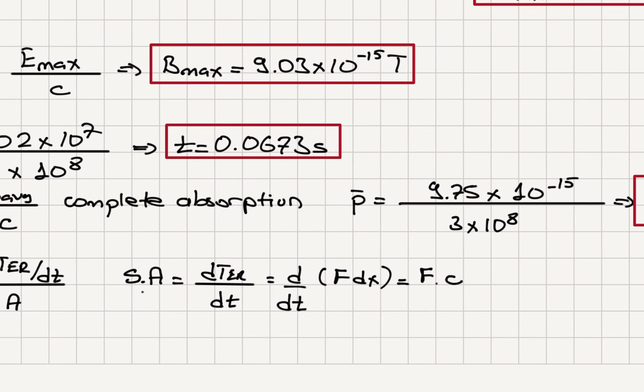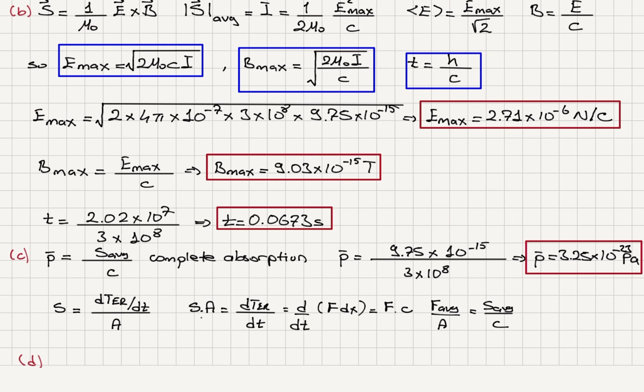So we obtain the average force per area to be S average divided by the speed of light c. That's for complete absorption. So we have reviewed that result.